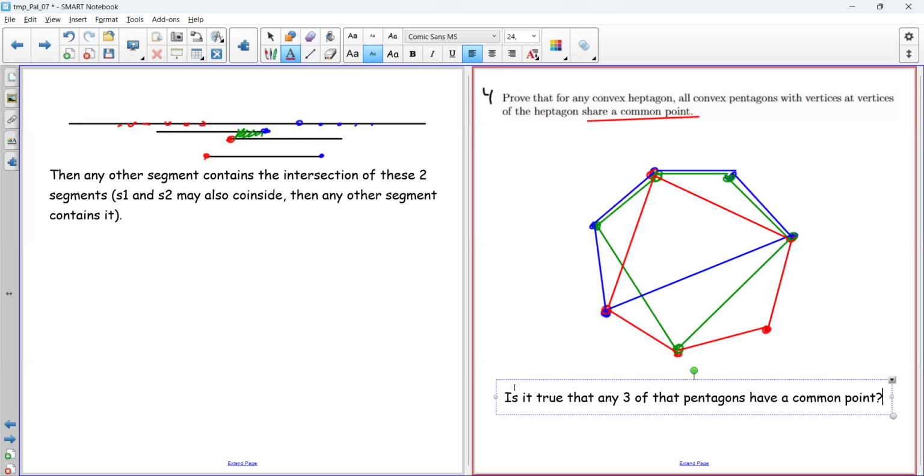It is just part of our initial statement. Our initial statement is proving that all of them intersect. Here we try proving that three of them share something.